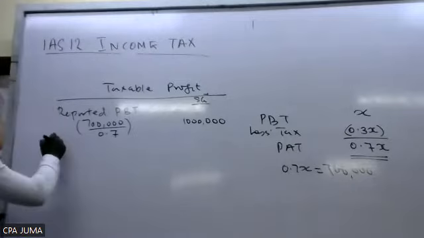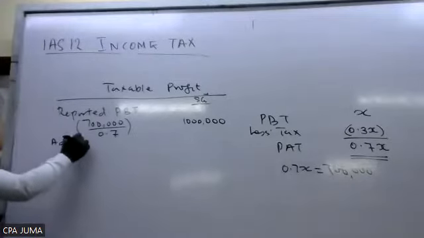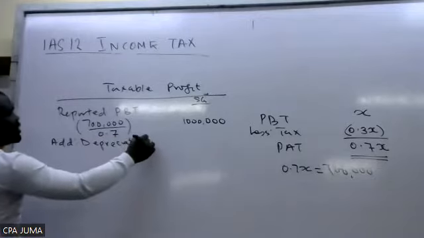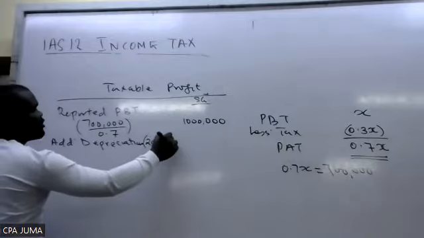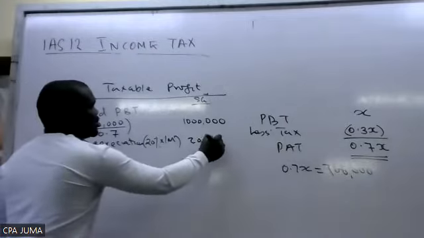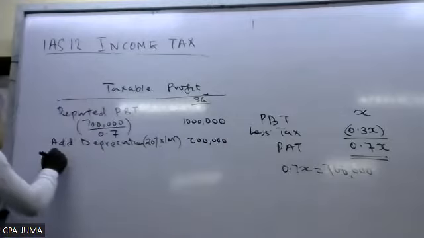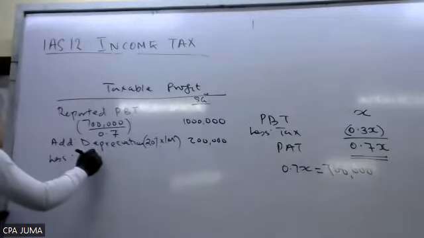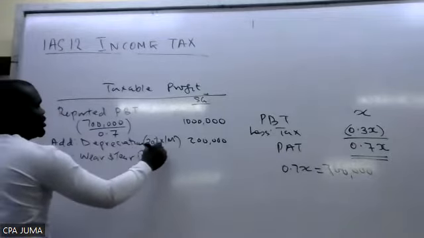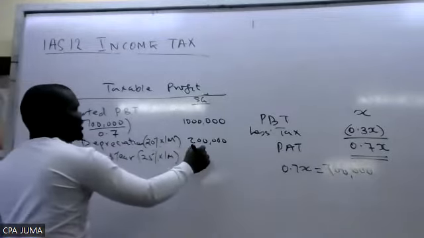Then you add back the disallowable, which is depreciation. Depreciation is 20% of the cost of the asset. The cost of the asset was 1 million, so that is 200. Then you deduct the wear and tear allowance, which is 25% of the 1 million, that is 250.